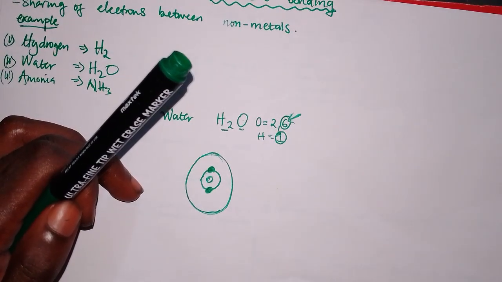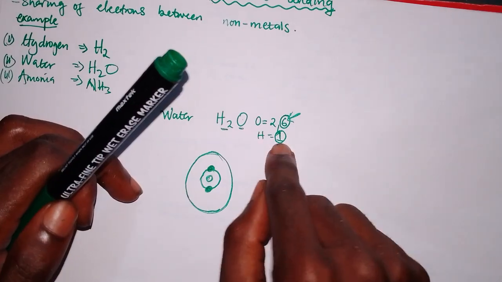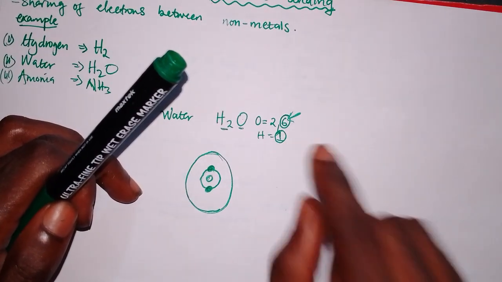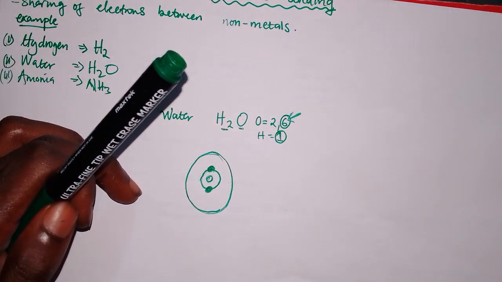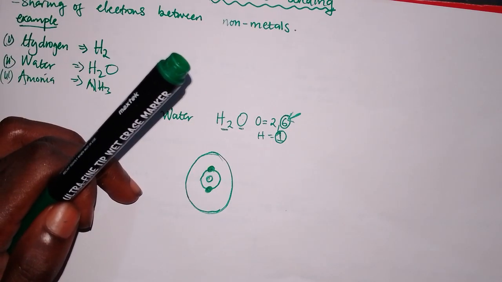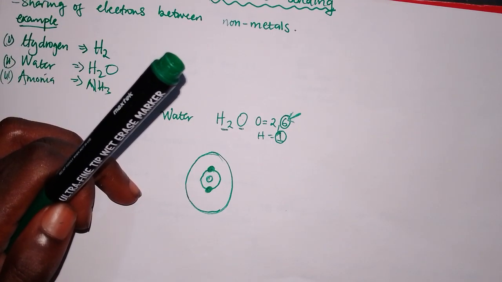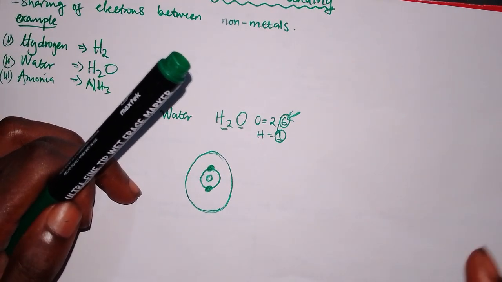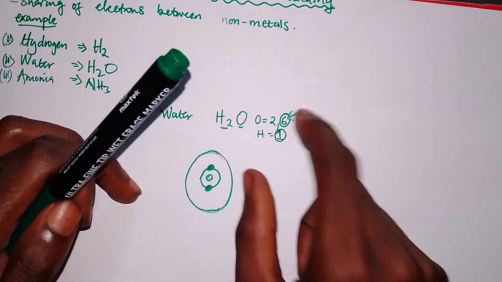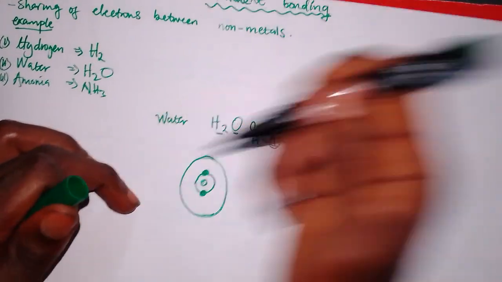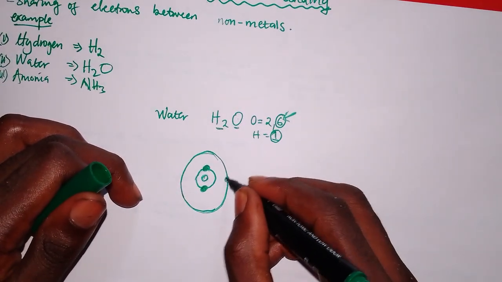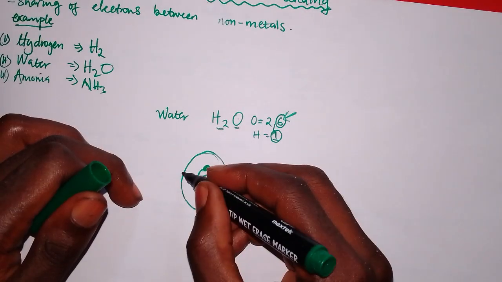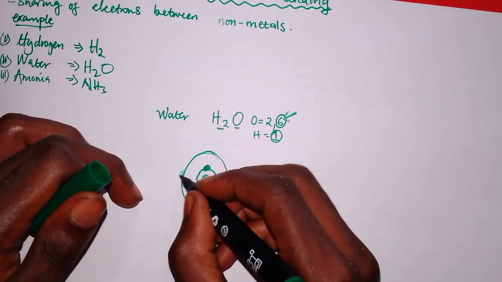Then you ask how many electrons hydrogen donates to this. It is only donating 1. So for oxygen to be full, it needs 2 hydrogens to donate to it. So here you put a dot, and here you also put a dot.